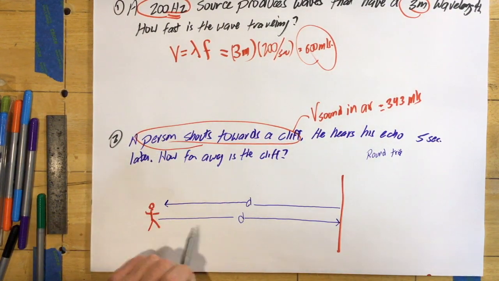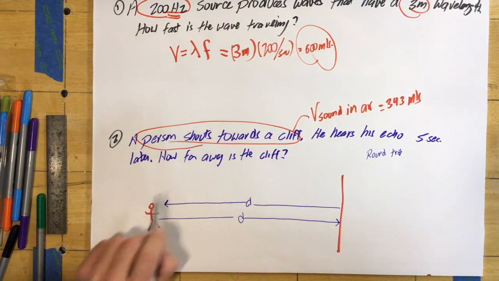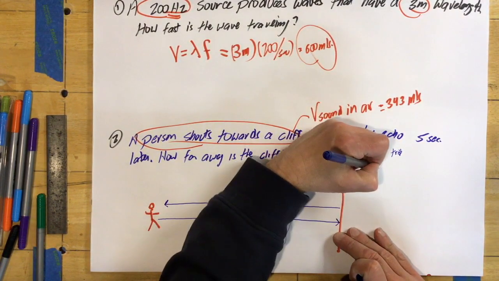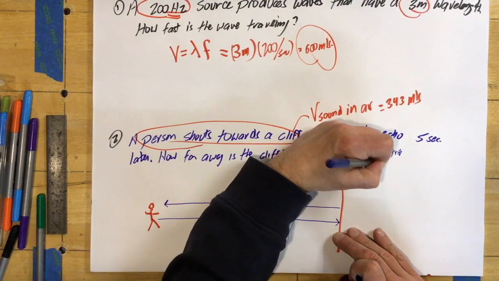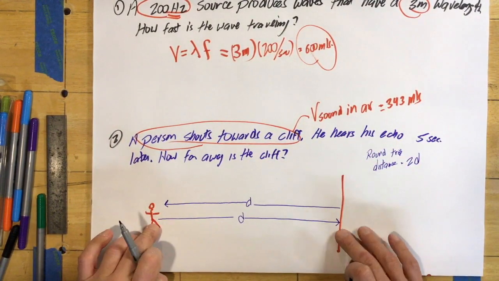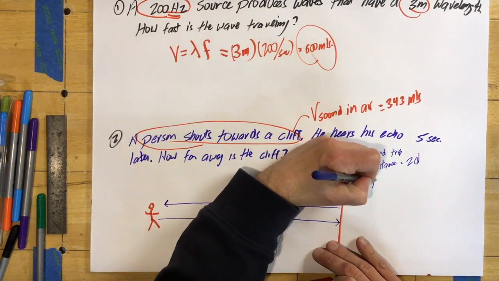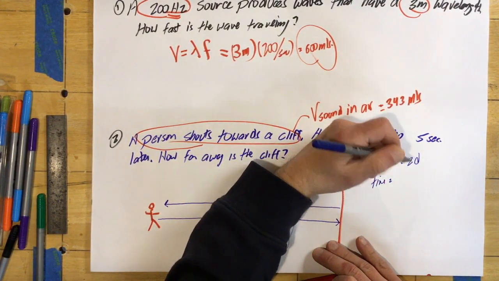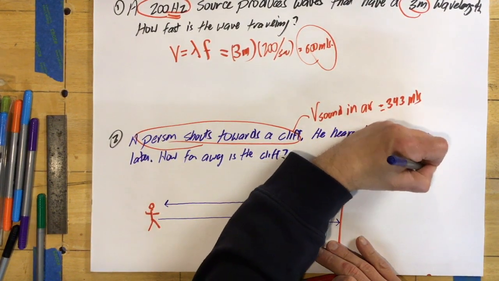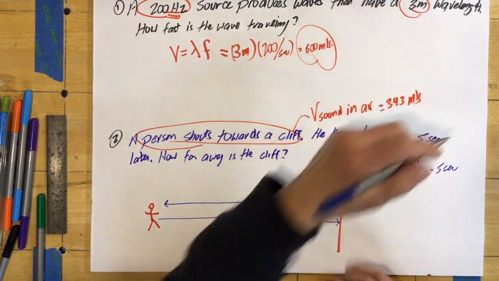So this is the whole round trip right here. Now, the round trip distance is 2 times the distance to the cliff, and the round trip time is your total time, which is 5 seconds.